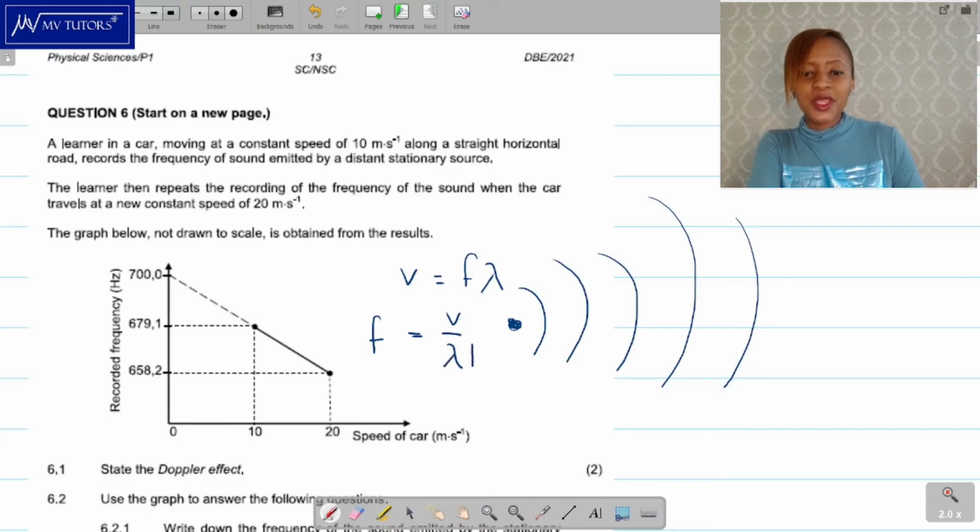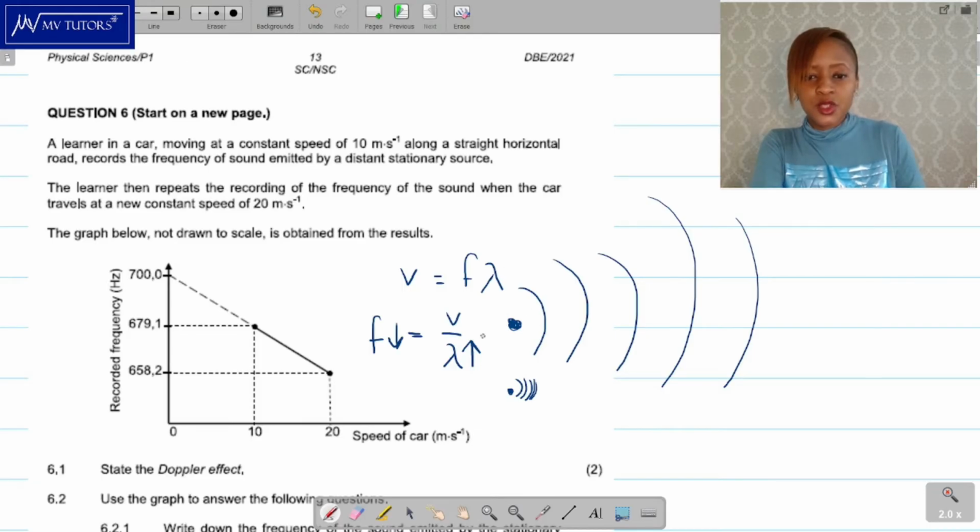When you increase the wavelength, your frequency will decrease. The increase in wavelength tells you that you are far away from the source. If on the other hand you were near the source, the wavelengths would be very small, and then you would hear a higher pitch or a higher frequency. So the smaller the wavelengths, let me just use a different color.